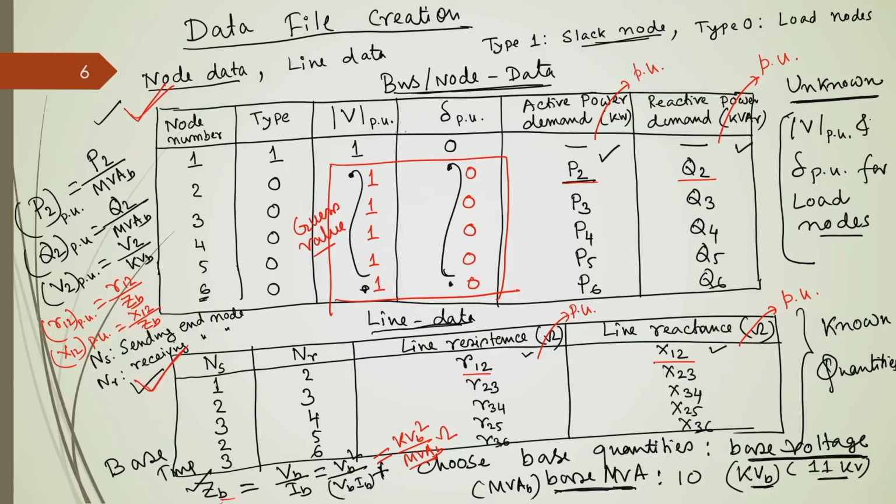So, we will start with some iteration count, let us say iteration 1, and then slowly we will update these guess values. So, for iteration 1 we assume that all these unknown voltages are 1 per unit and all unknown angles are 0 per unit. Okay. That means voltages and angles are 1 at an angle 0 per unit each.